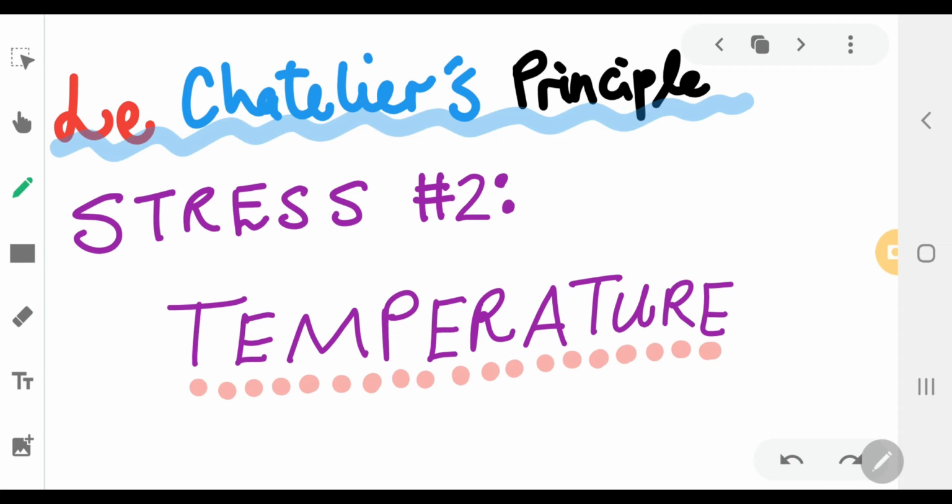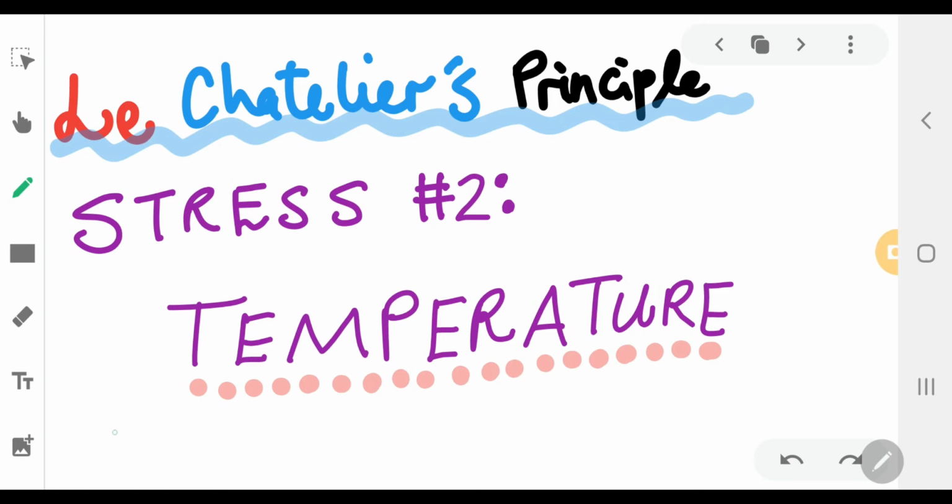The system will try to achieve the set equilibrium constant. But in the case of temperature, when we change the temperature, you will have a shift and achieve a new set of equilibrium, and at the same time, the value of K will also change.